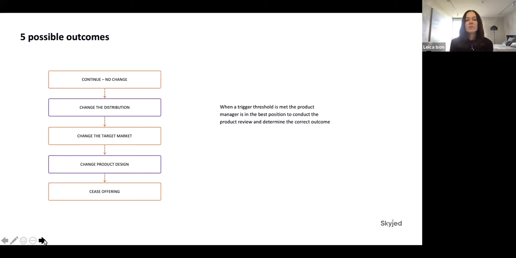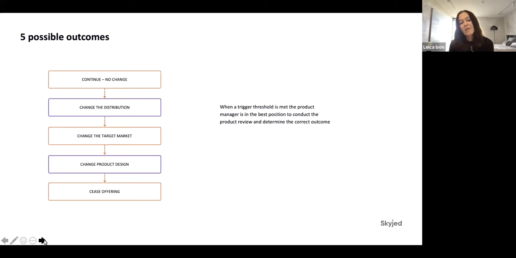Do I make no change around the product? Have I got a risky distribution channel that I need to go and look at? Does the target market need reviewing? Do I have to look at my value proposition? Am I looking at changing the product design?